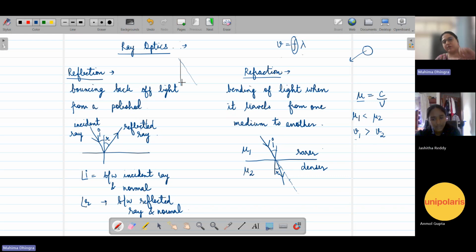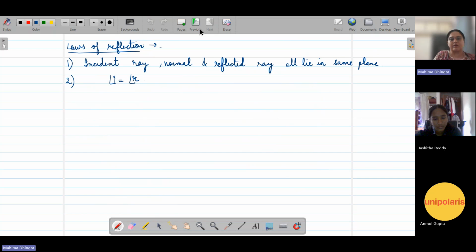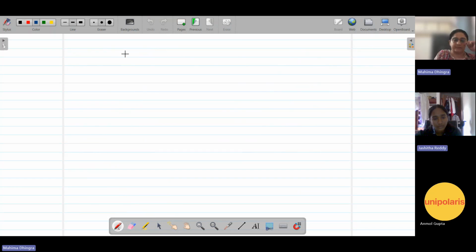Okay, and we have covered here one MCQ, that is which property remains same during refraction, that is frequency. There is another one I will tell you. Basically two kinds of MCQs are asked here: out of v, f, and lambda, which property?